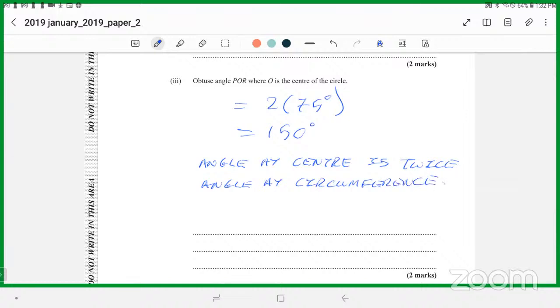That's it. You can continue and say when subtended by the same chord, in this case the arc, because they didn't show the chord, by the same arc or the same chord.